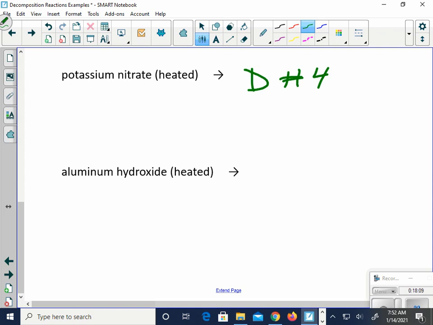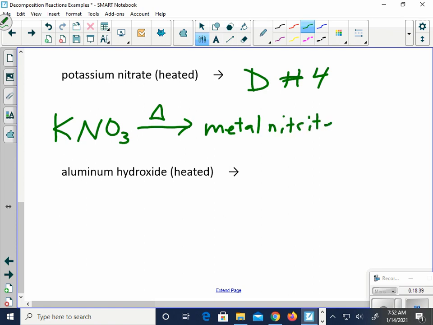my exception. So I'm going to take my potassium nitrate, KNO3. I'm going to heat it. So I got my little triangle there. And my exception says that if I have group 1 below lithium, these convert to nitrites and oxygen. So it's going to give me a metal nitrite and oxygen.